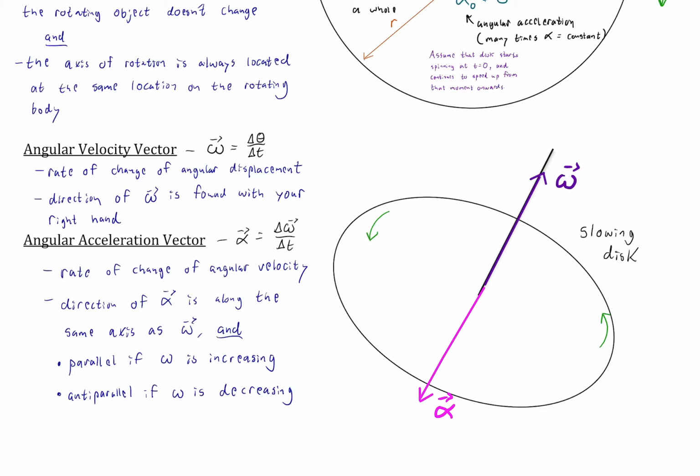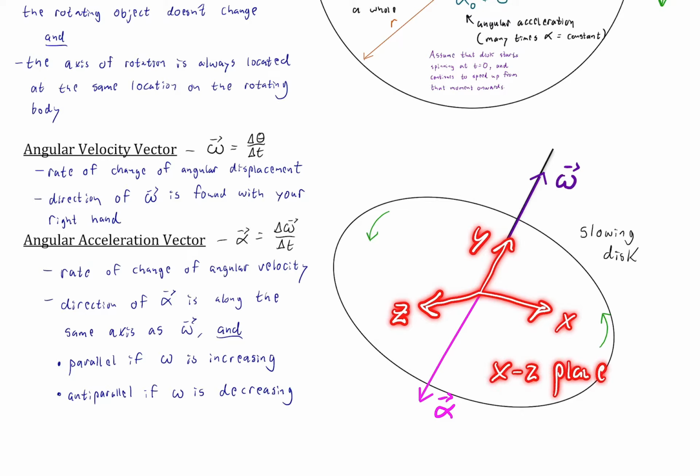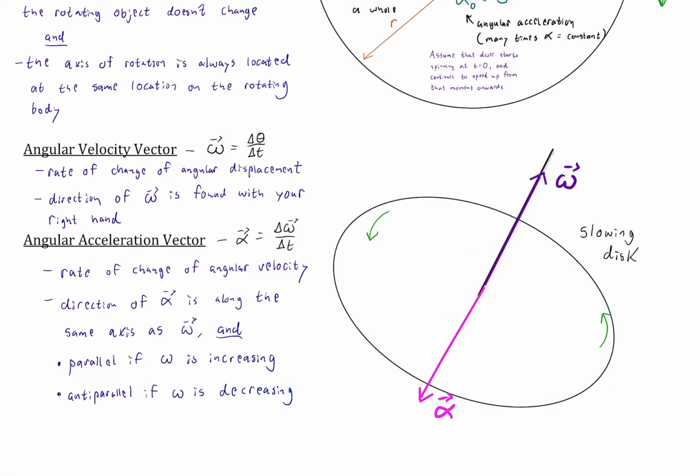If we had X, Y, and Z, then the plane of rotation would be the XZ plane, and the Y would be perpendicular to that plane of rotation. So it's kind of odd that the vectors that describe the rotation are perpendicular to the rotation itself. But after all, they are parallel to the axis of rotation.